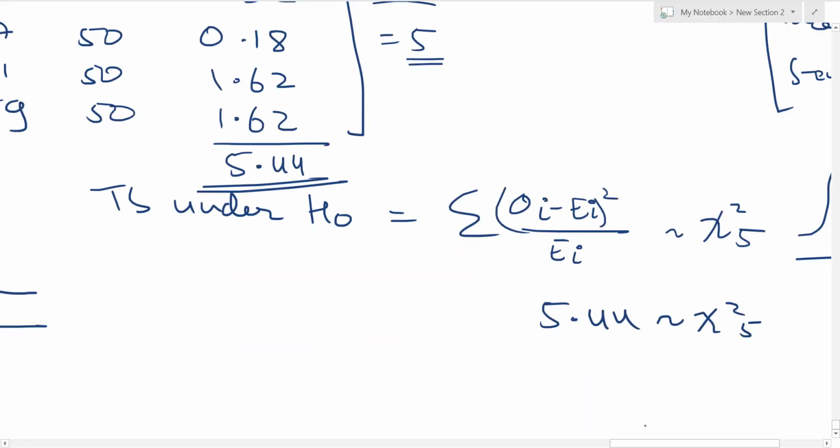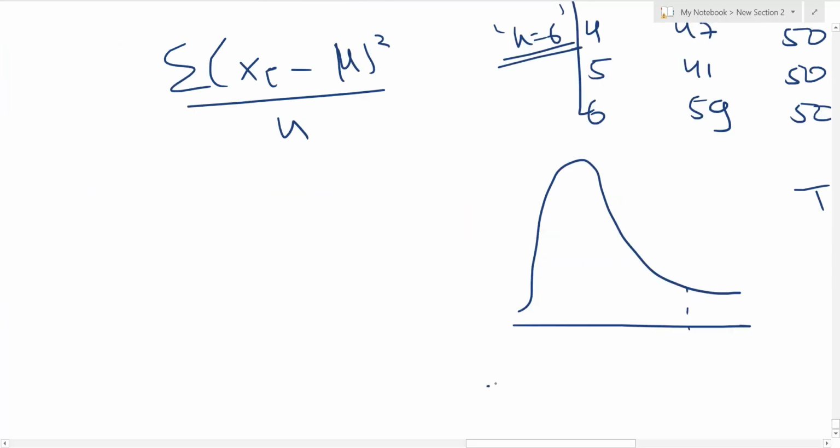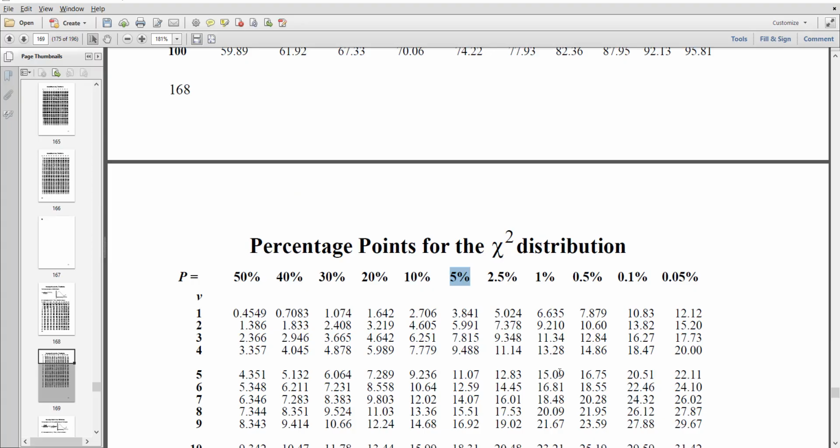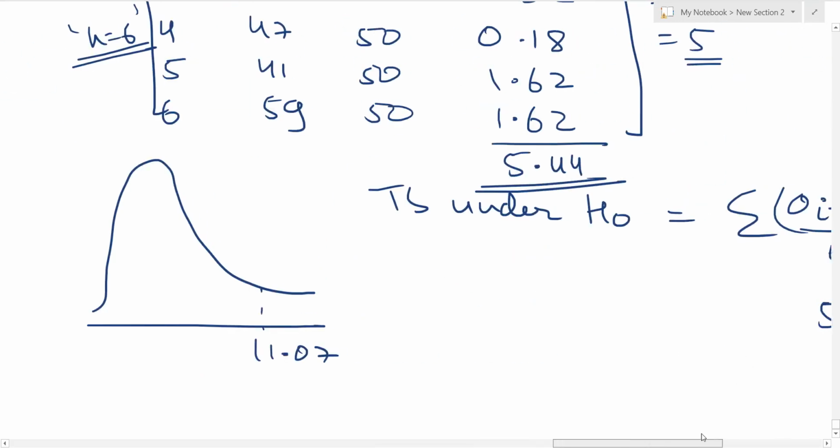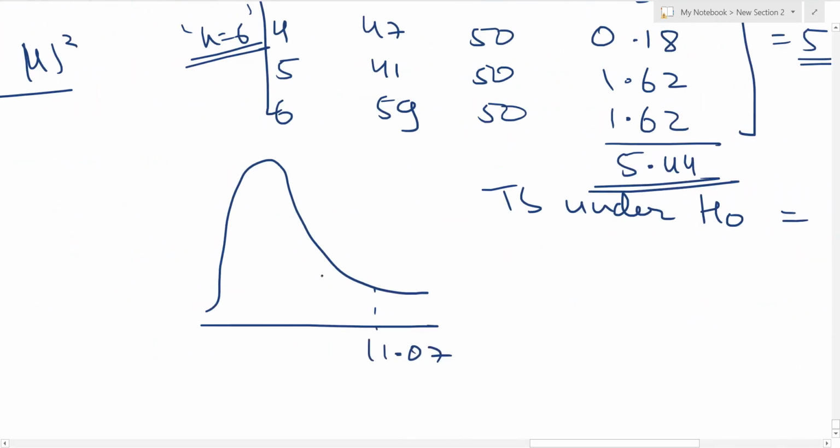So your distribution would look somewhat like this. You have 11.07 here, chi-square 5. But my test statistic is 5.44. So it's in the acceptable region.